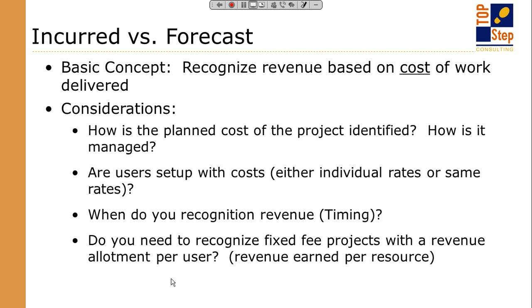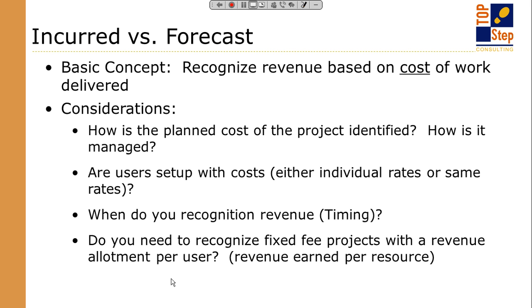This model is used for companies that have varying types of resources on the project, where their revenue policy is that the more expensive resources earn revenue faster than the less expensive resources. I see a good mix of percent complete and percent cost complete revenue recognition policies across companies.